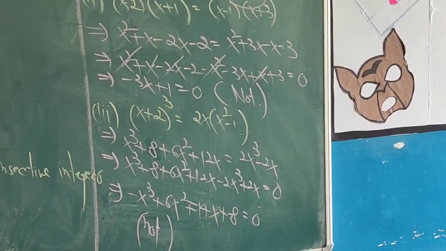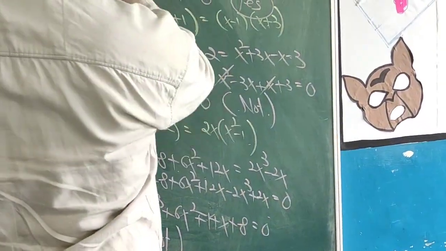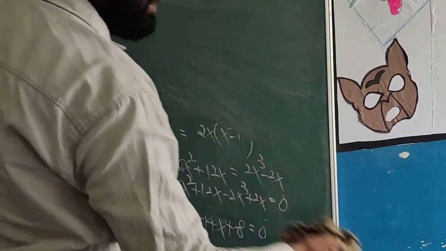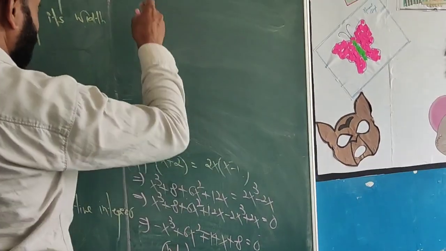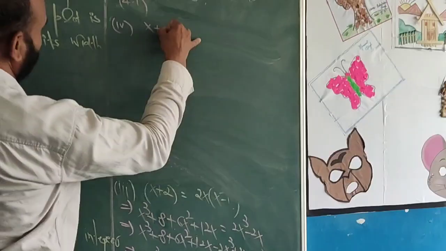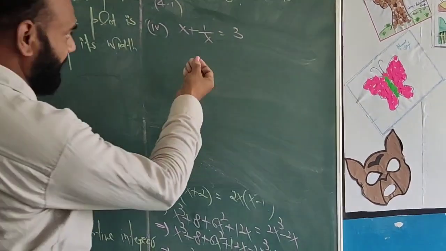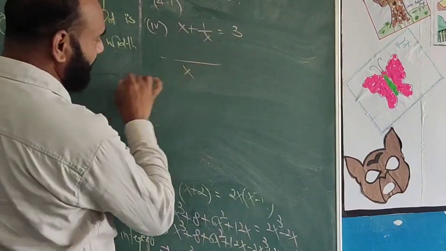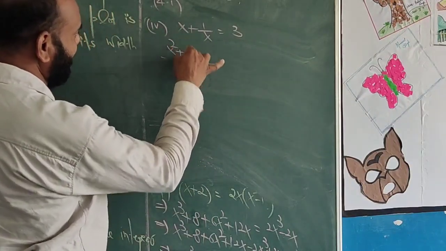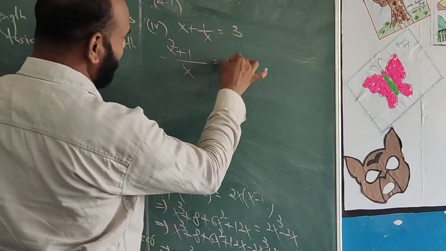Now one more example: x plus 1 over x equals 3. Is it quadratic, yes or no? By solving this equation, x is the LCM, therefore x into x square plus 1 over x, and x is cancelled, so x square plus 1 is equal to 3.